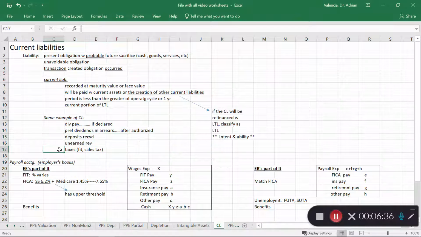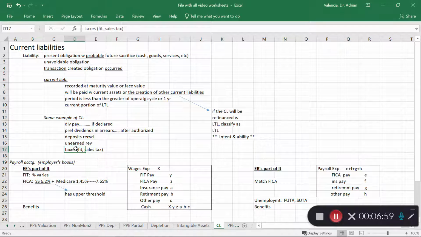And lastly, a real important category is taxes. Usually all of our taxes are on a short-term basis. They're current liabilities. We here in the United States live under a pay-as-you-go system. And as those taxes accumulate, you have to turn them over periodically on a short-term basis.